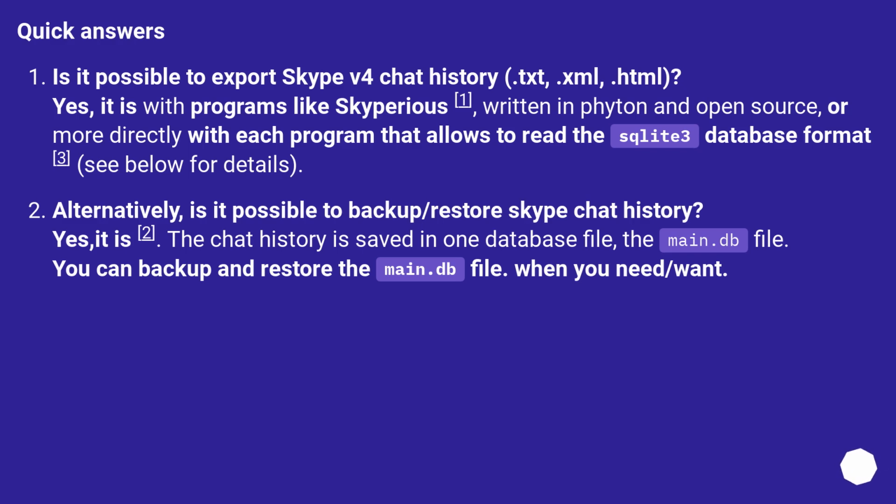Alternatively, is it possible to backup/restore Skype chat history? Yes, it is, too. The chat history is saved in one database file, the main.db file. You can backup and restore the main.db file when you need or want.